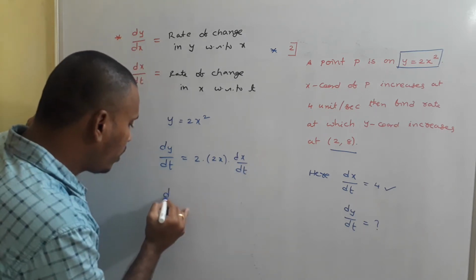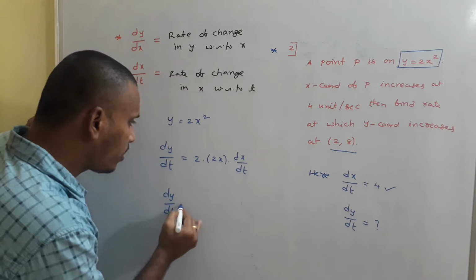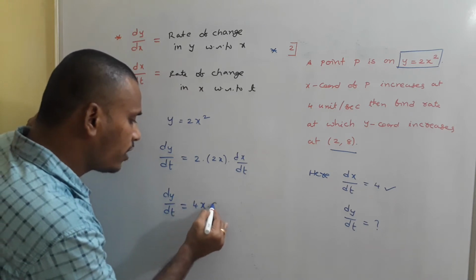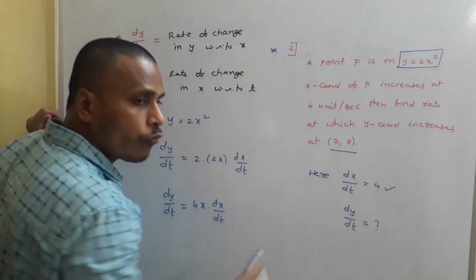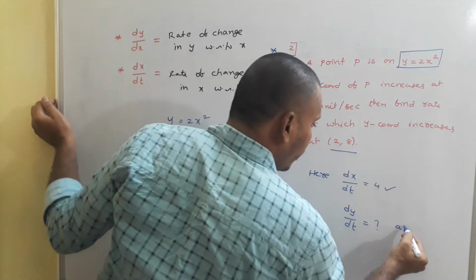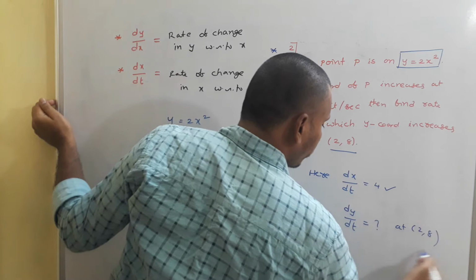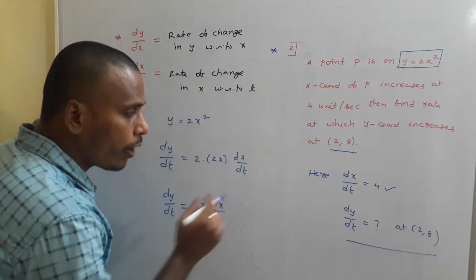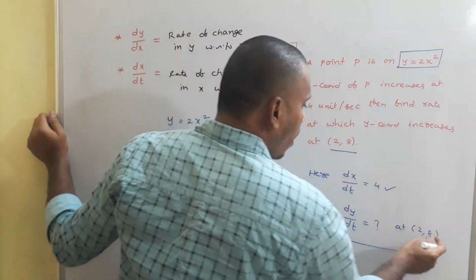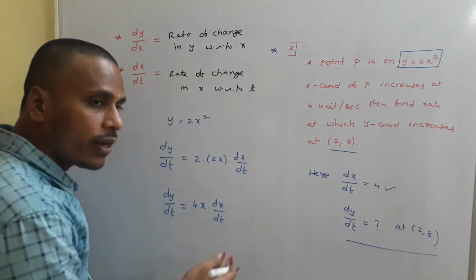And now dy by dt is equal to 4x into dx by dt. Our target is to find dy by dt at the point (2, 8). At that point, x is 2, and y is 8.